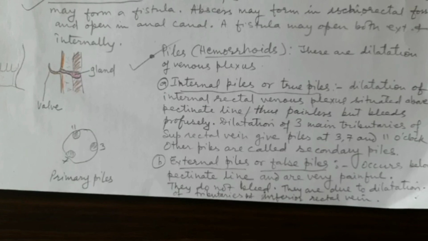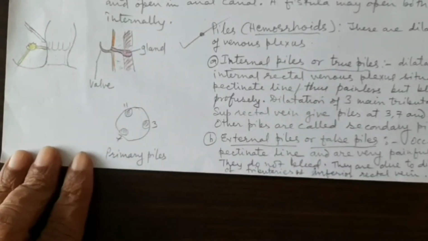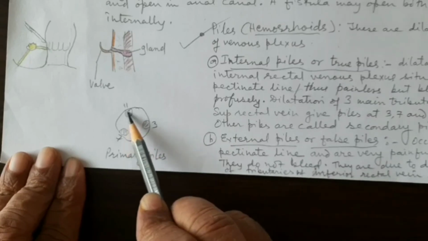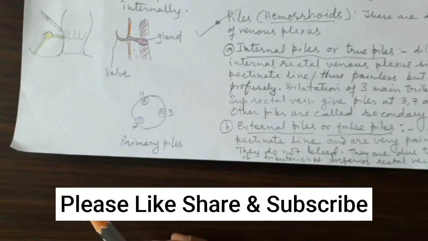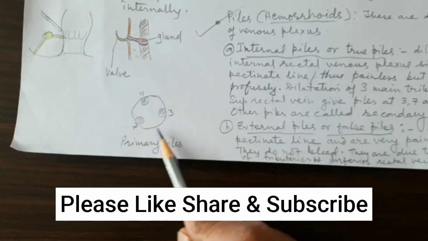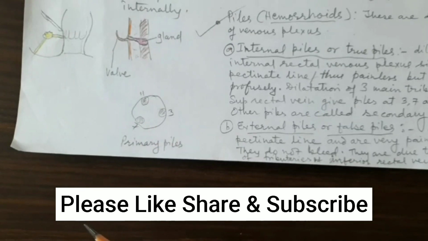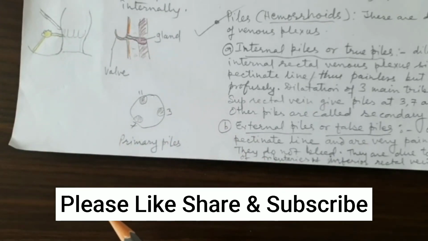The formation of these true piles is usually seen at the 3 o'clock, 7 o'clock and 11 o'clock positions, when the patient is lying on the table in lithotomy position, on the anal orifice. Piles may also be in between, but mostly they are seen at 3, 7 and 11.